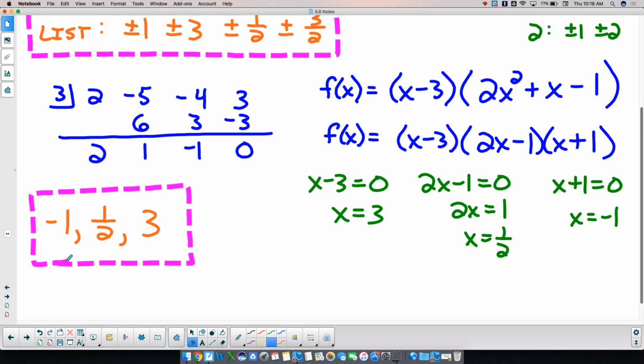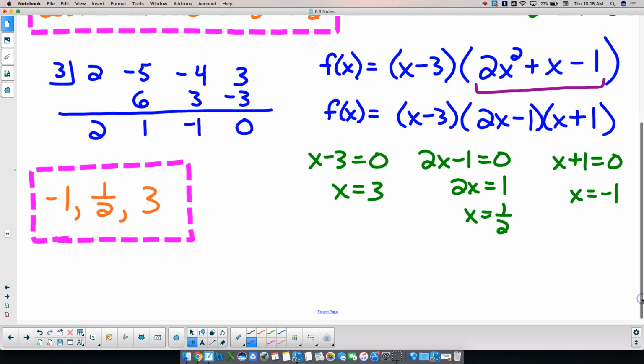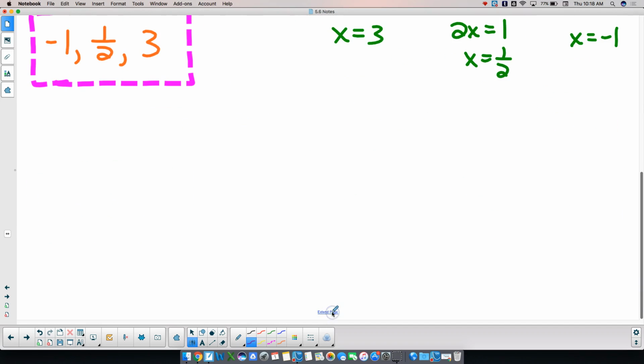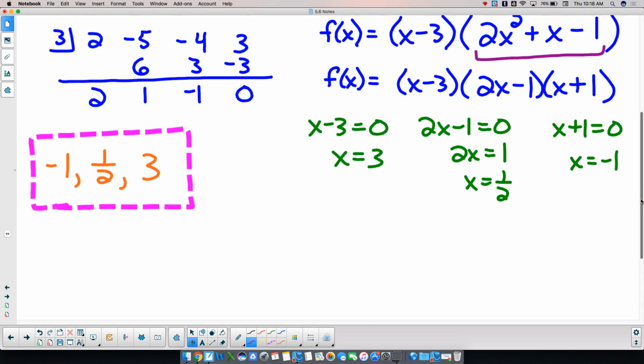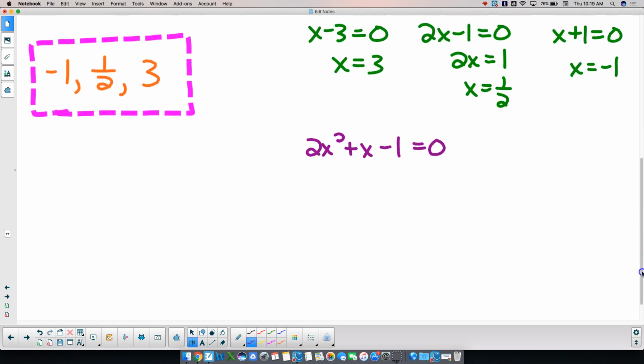Now, if you did not see that 2x squared plus x minus 1 was factorable, then your choice is the quadratic formula for that. So then you would have said 2x squared plus x minus 1 equals 0.